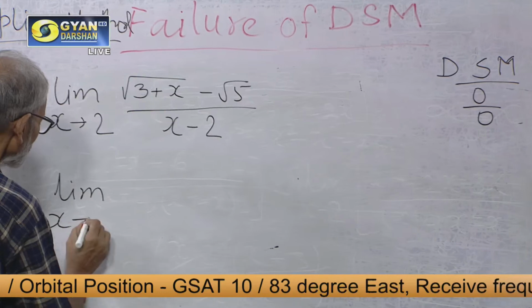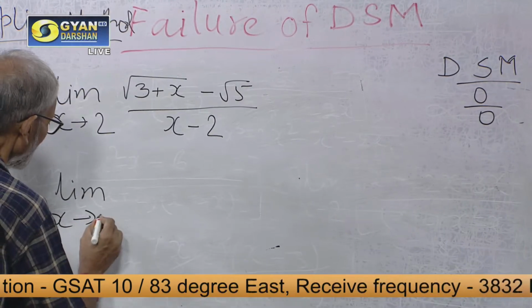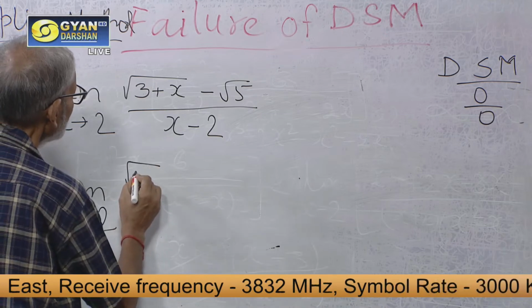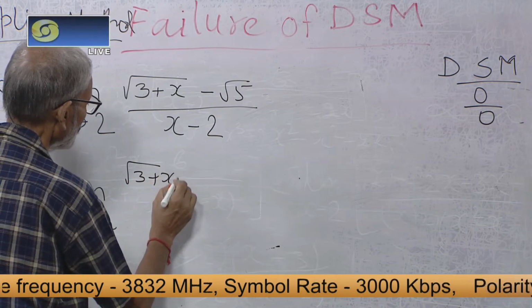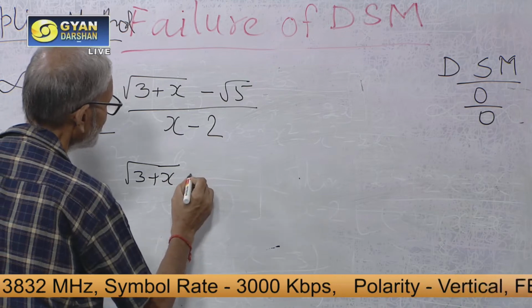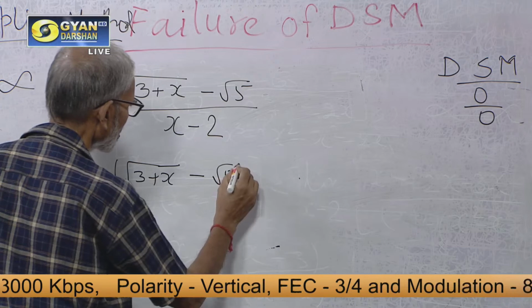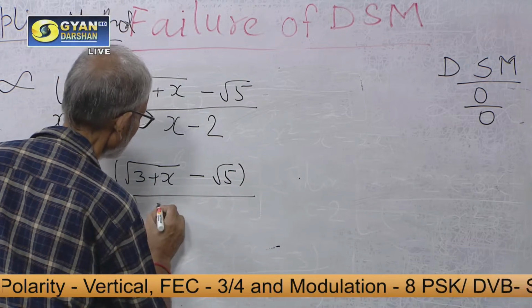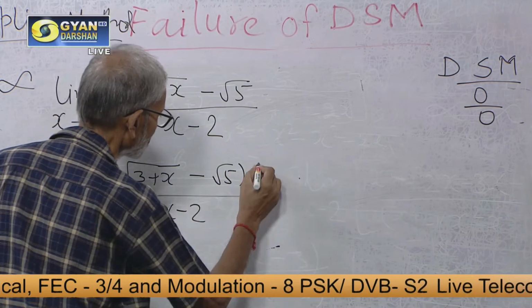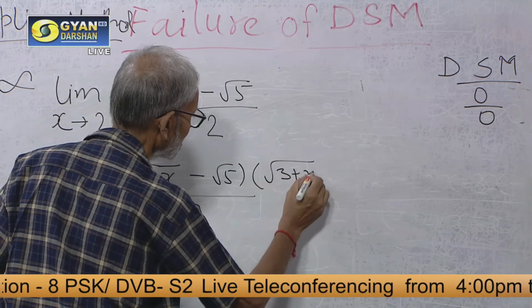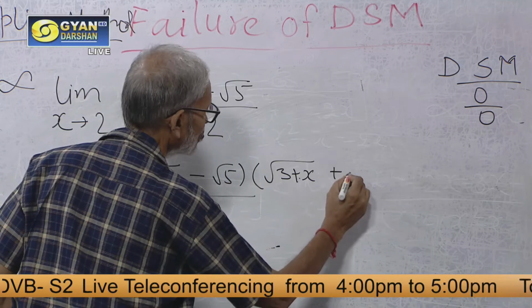So we rationalize. How do we rationalize? You know, from high school mathematics, we will multiply both numerator and denominator by root 3 plus x plus root 5.